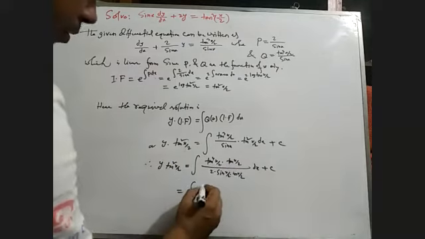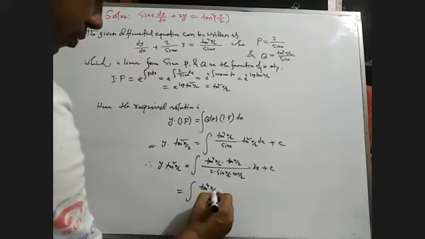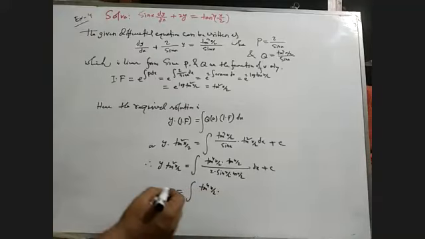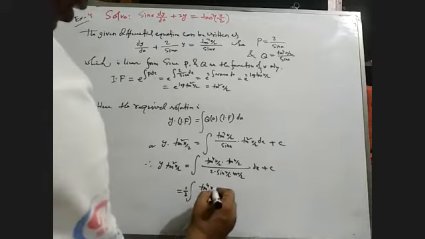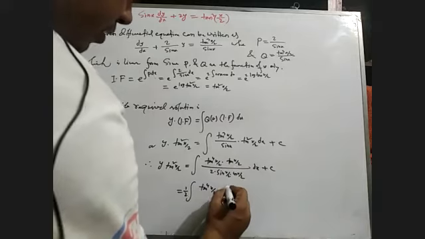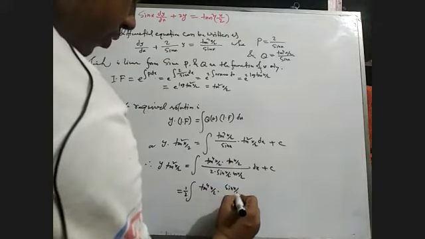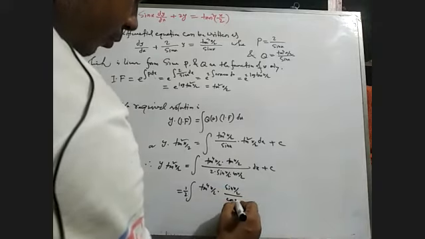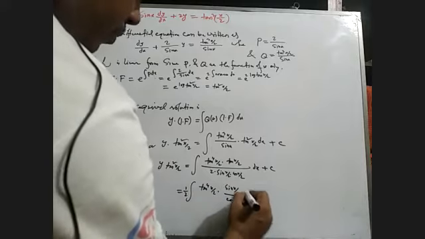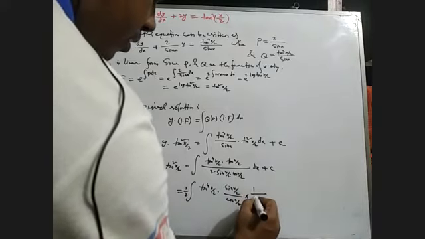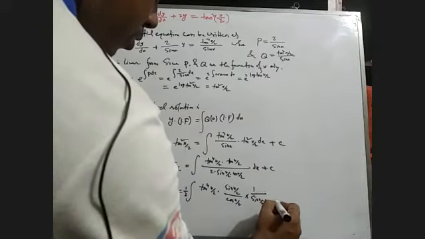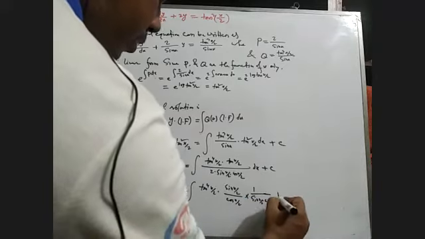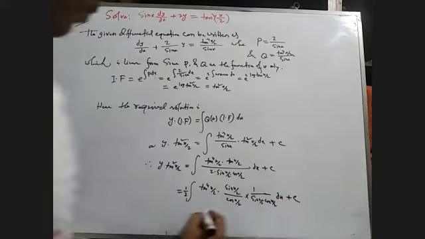So tan to the power 4 x by 2, and first of all we have to take the half to the left hand side. Then this means sin by cos, and this will become 1 by sin x by 2 into cos x by 2, dx plus c.